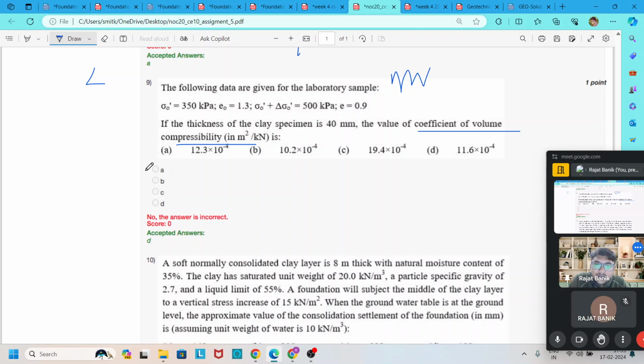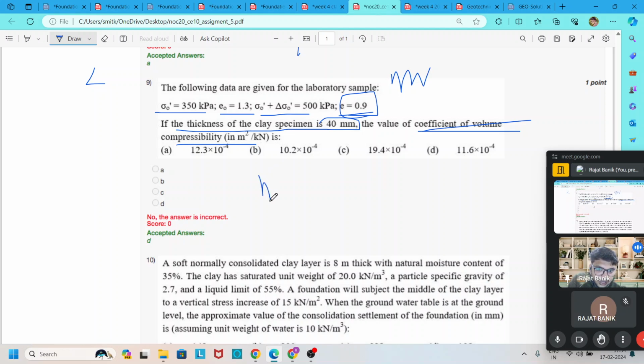So sigma dash and sigma dash plus delta sigma dash are given, void ratios are given, the change from initial void ratio to final void ratio is given, and the thickness of the clay specimen is given, to find out the coefficient of volume compressibility.